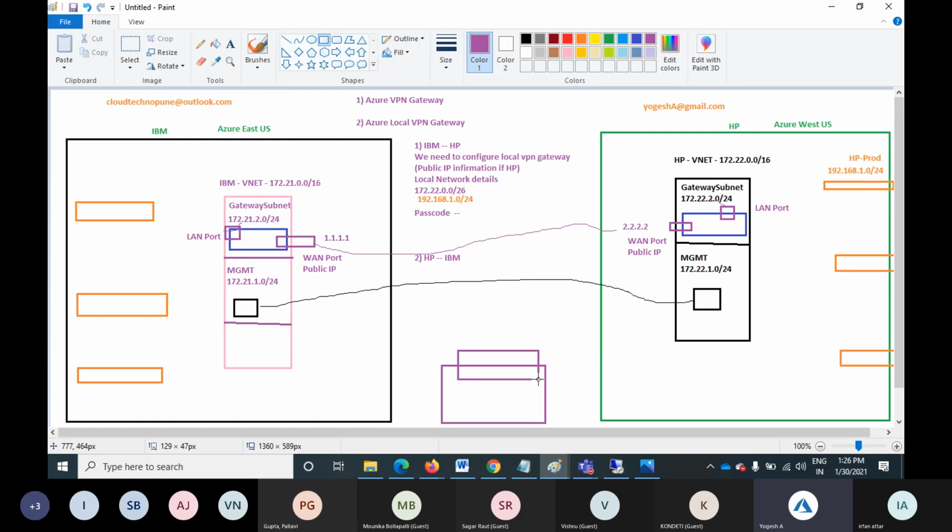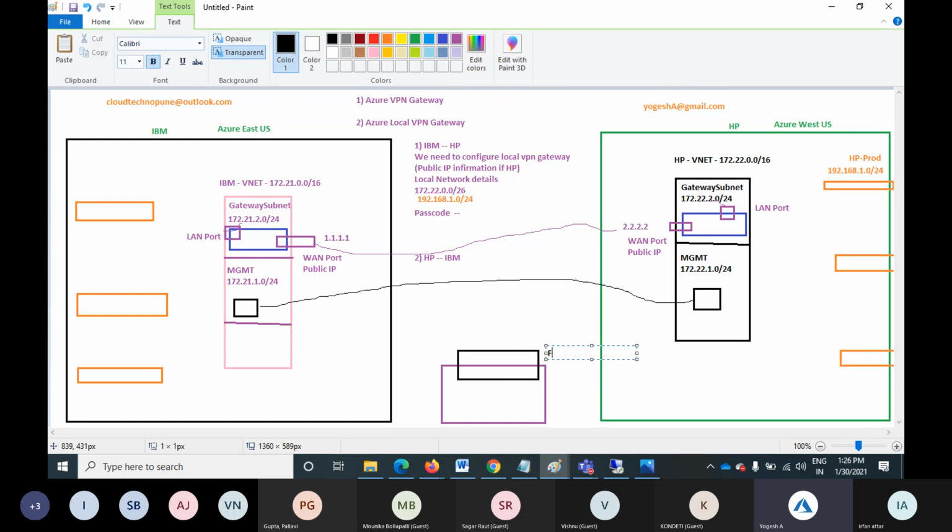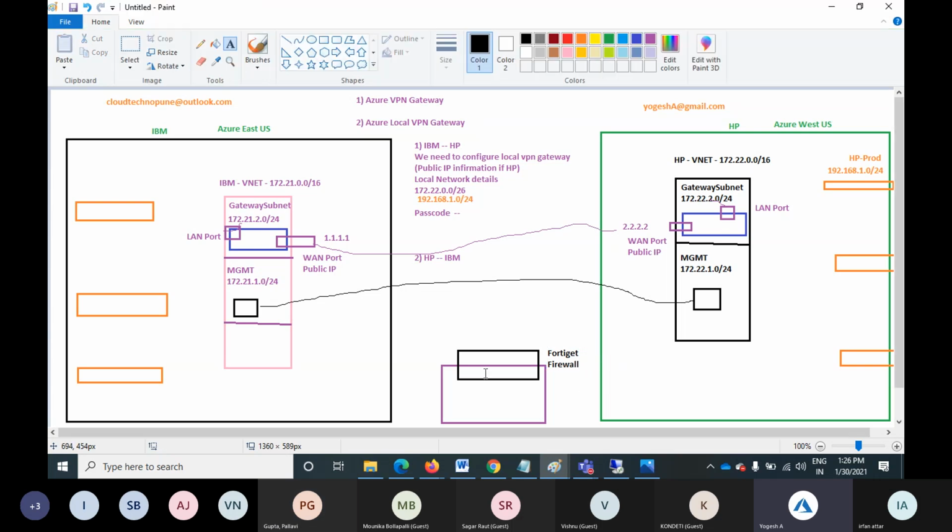So this is the firewall. So this is FortiGate firewall.